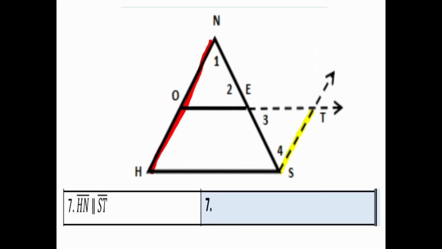Number 7. Line segment HN is parallel to line segment ST. Reason: by the AIP theorem, or alternate interior angles parallel theorem. When parallel lines are cut by a transversal, the alternate interior angles are congruent.